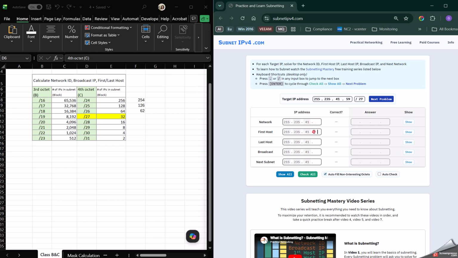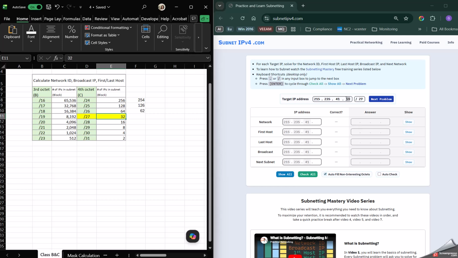Now, this is where it gets interesting, because we're working on the fourth octet. Again, /27, we know that we basically have blocks of 32 IPs.